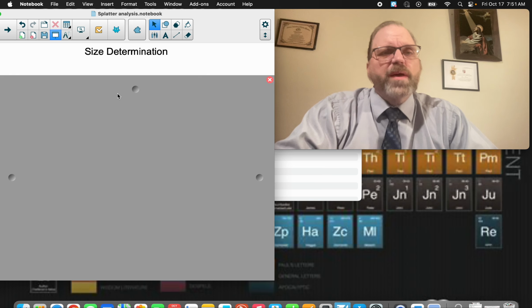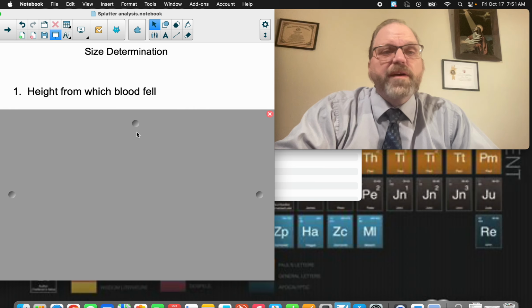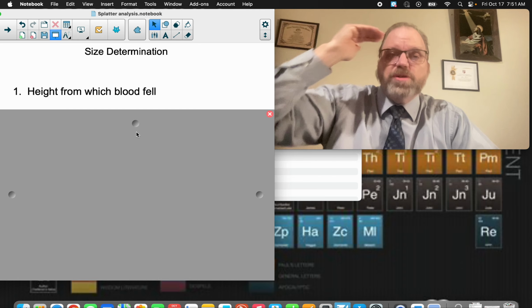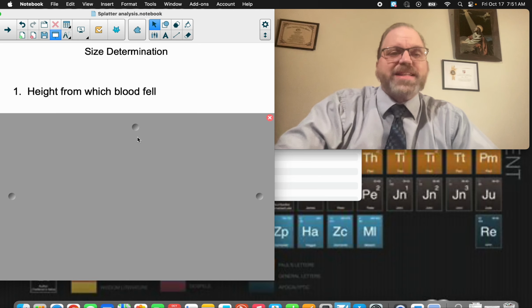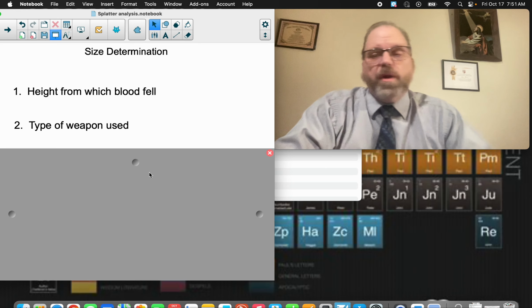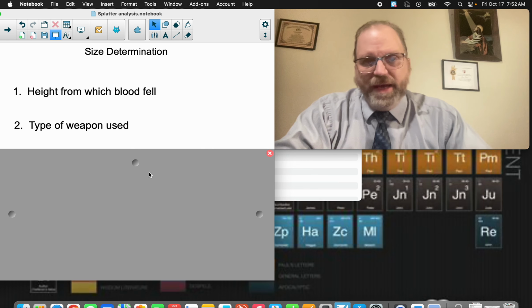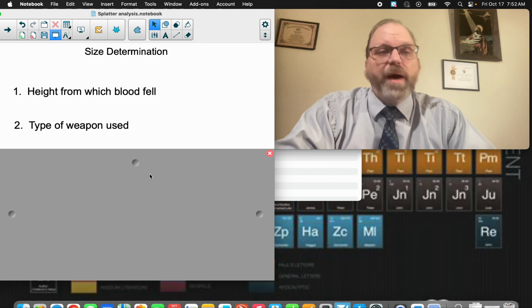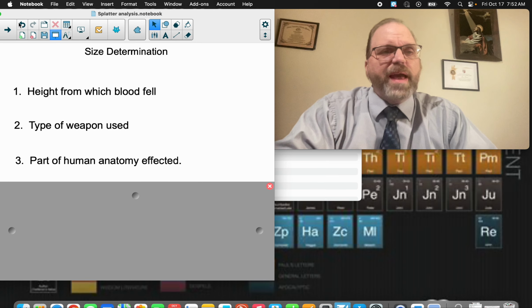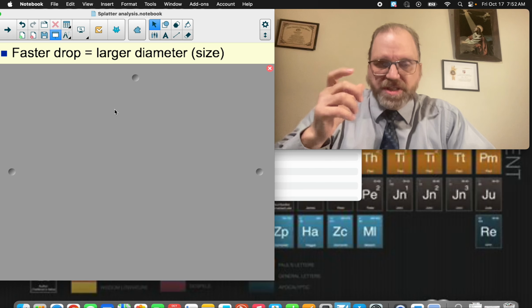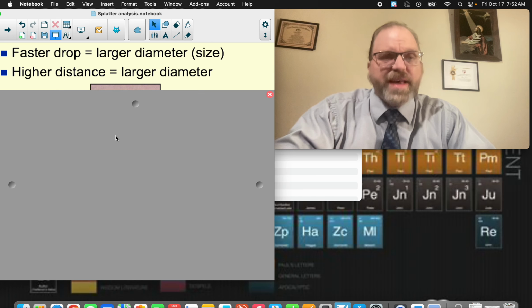All right, now to determine size from a blood spatter, we can identify the height from which the blood drops. Now there is a maximum height. We can also identify the type of weapon that was used, if it's a knife, gun, things like that, and the part of the body affected. The faster the drop, the larger the diameter.